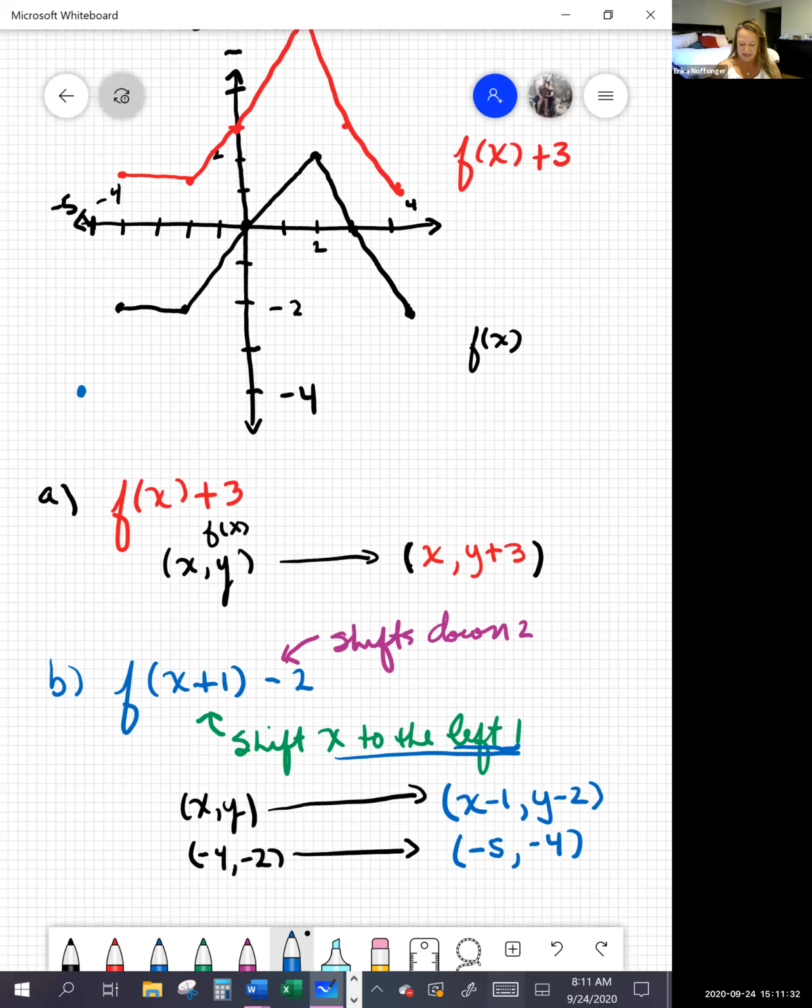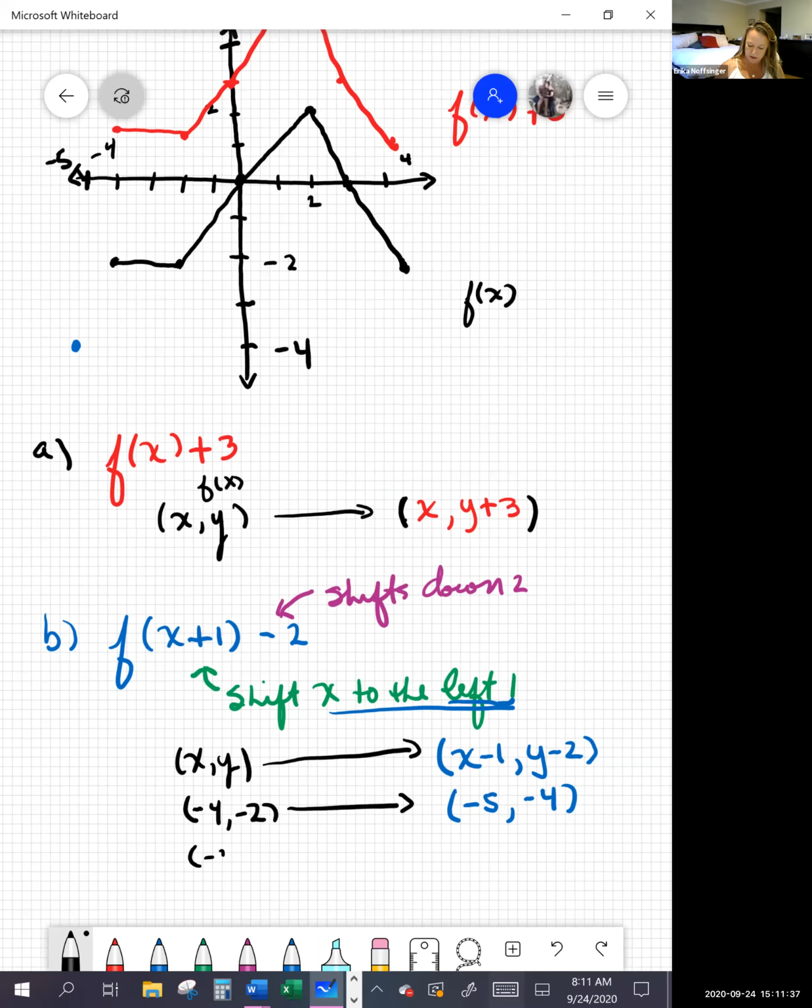My point that was at -2, -2: I'm subtracting 1 from my x value, so -2 minus 1 is -3. And I'm subtracting 2 from my y value, so -2 minus 2 is -4. So we have a point here at -3, -4.